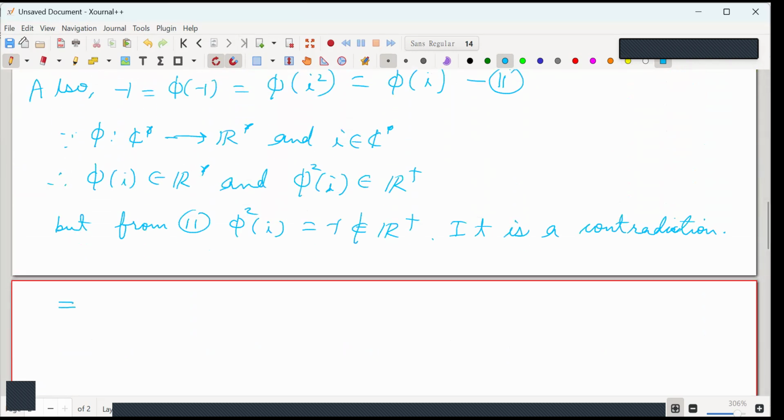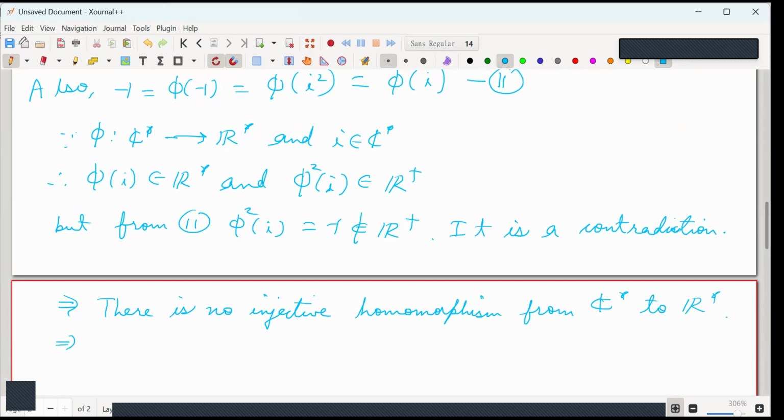So this implies there is no injective homomorphism from C star to R star, and which implies C star under multiplication is not isomorphic to R star under multiplication.